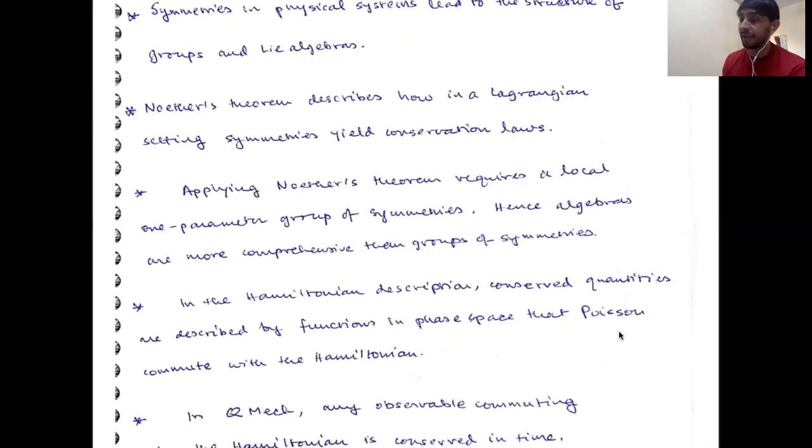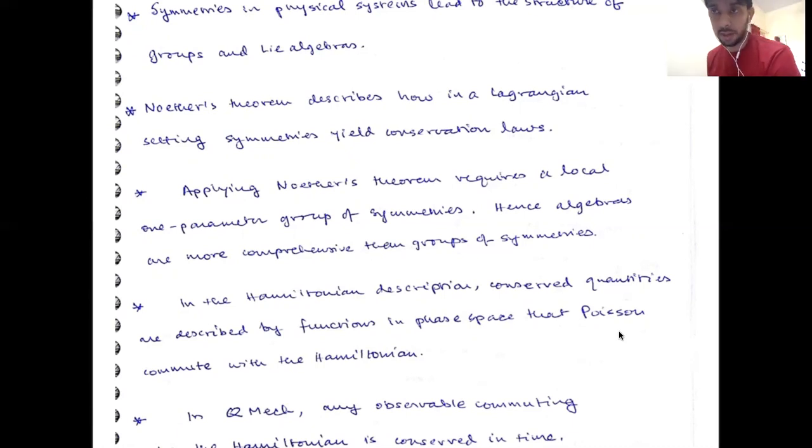We saw that this again is due to the properties of the Poisson bracket, like the Jacobi identity, for example, which leads to its being very intimately related to Lie algebras and so on. So this will be linked up to things that are called symplectic groups.